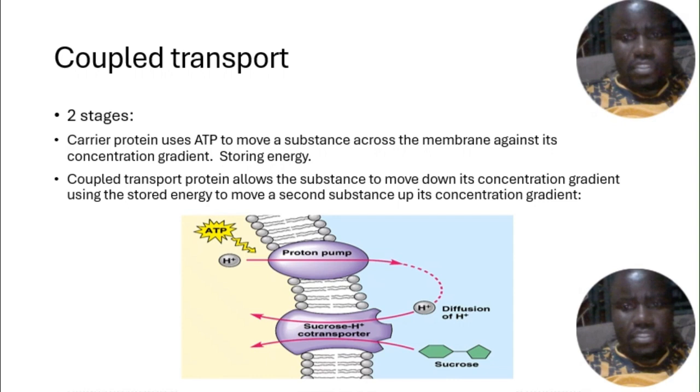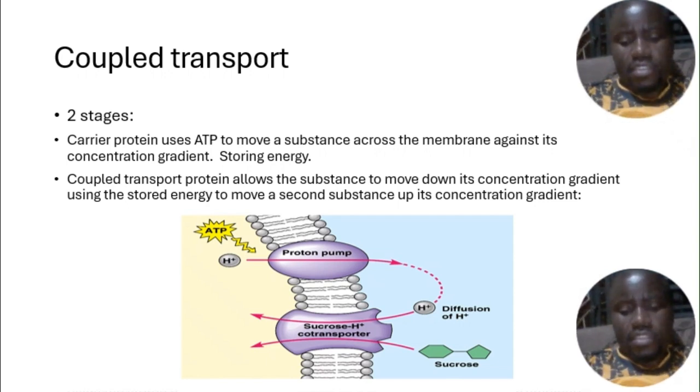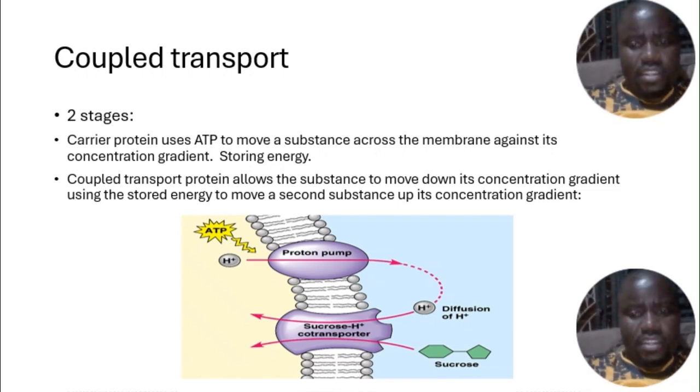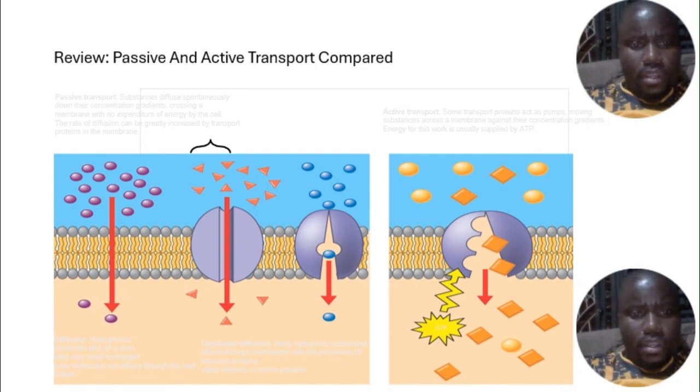This is called secondary active transport. So the ATP is used in the first step, but the diffusion is what moves the other substance against its concentration gradient. Okay, so these are illustrations.